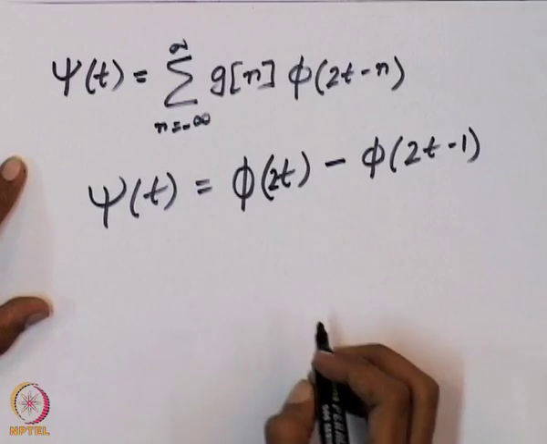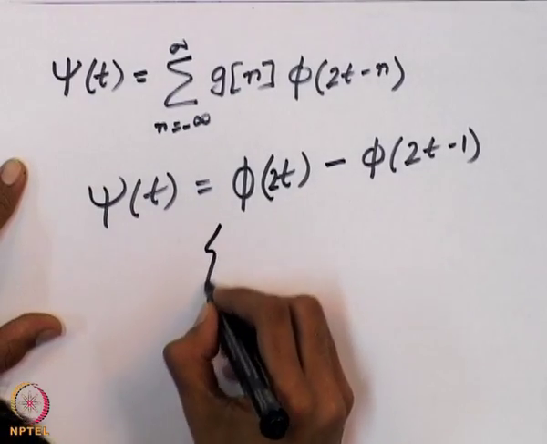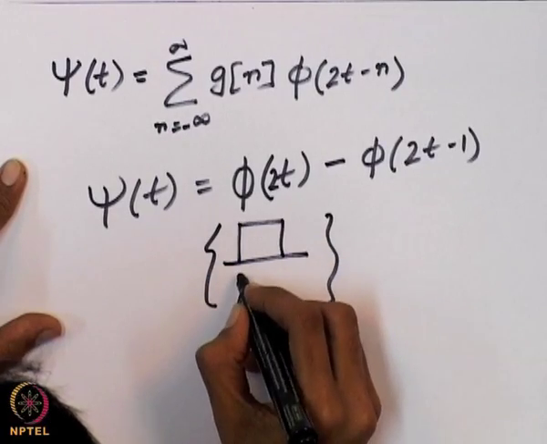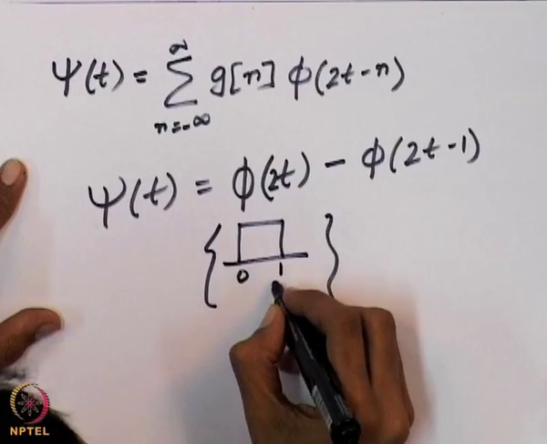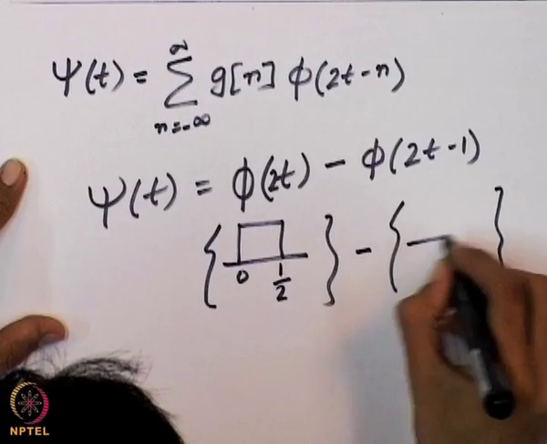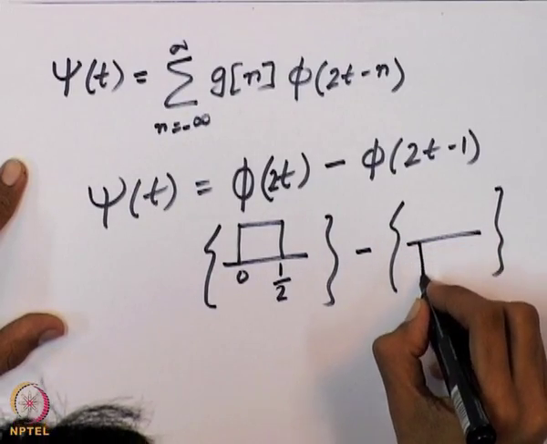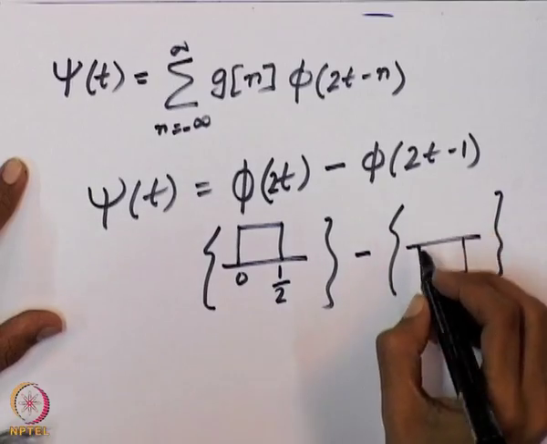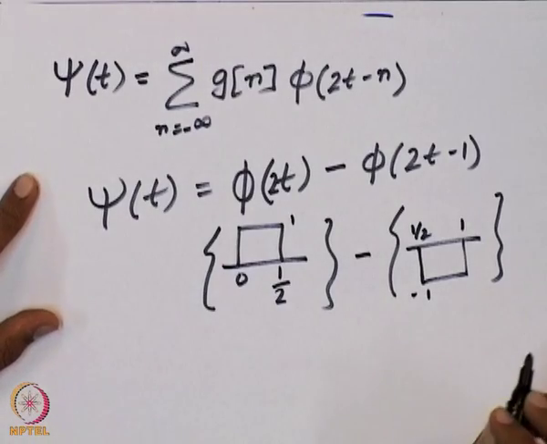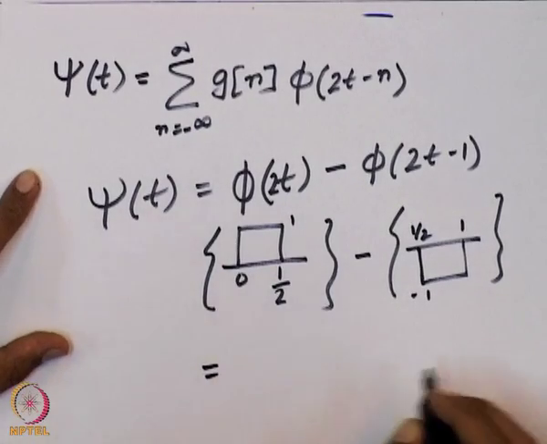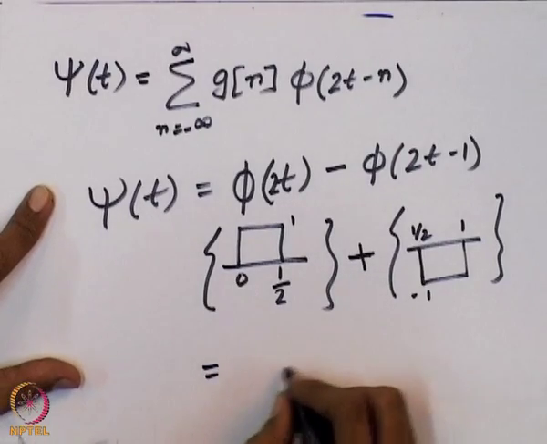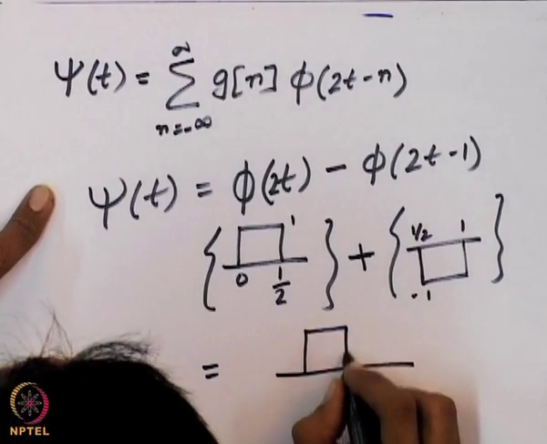Let us try to draw these two signals. So this will give us a function which will look like this.